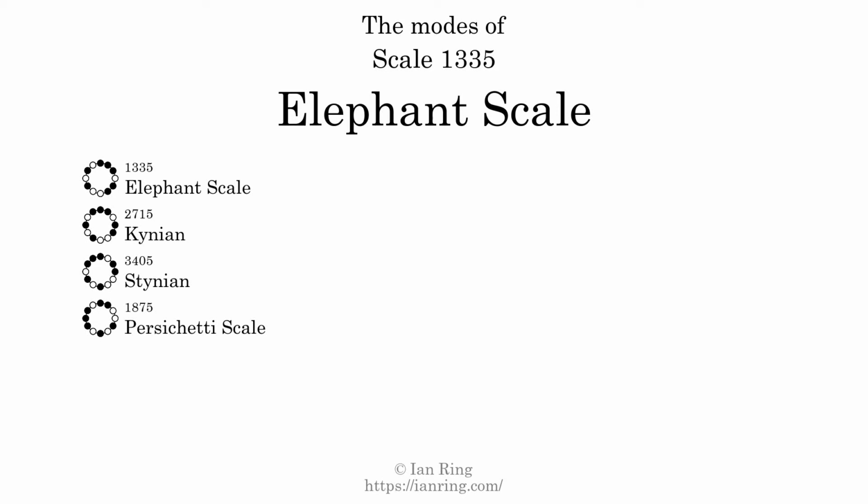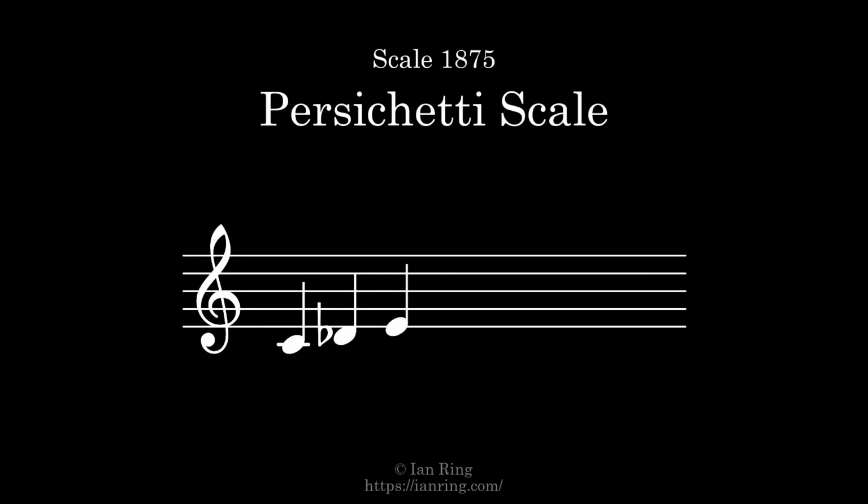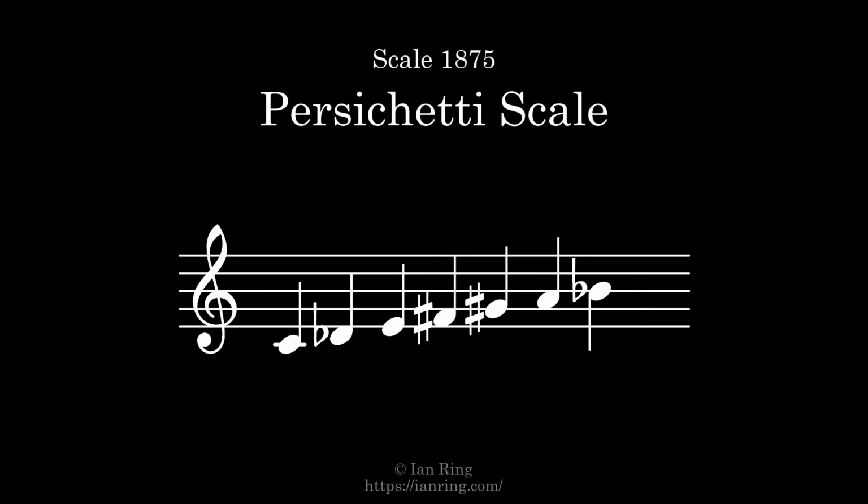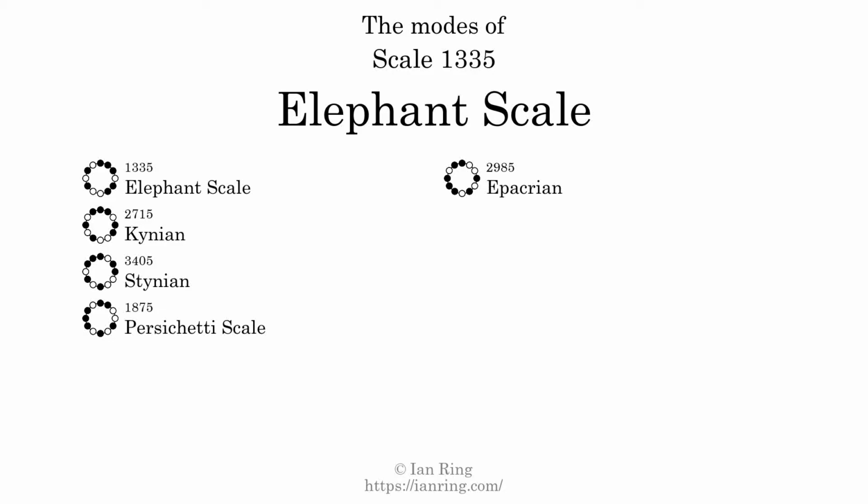The fourth mode is scale 1875, also known as Persichetti scale. It sounds like this. The fifth mode is scale 2985, also known as Epicurean. It sounds like this.